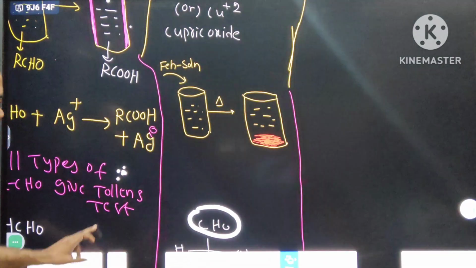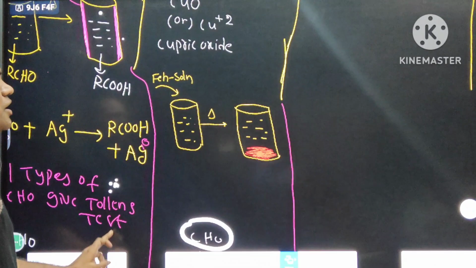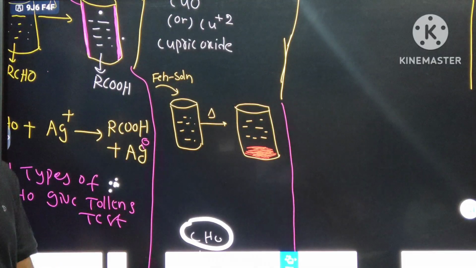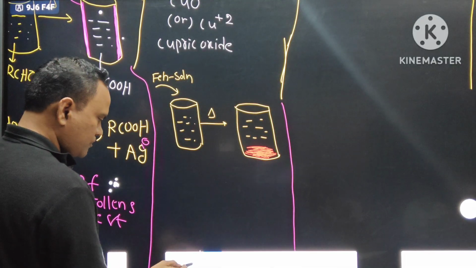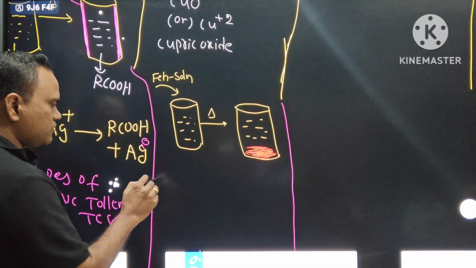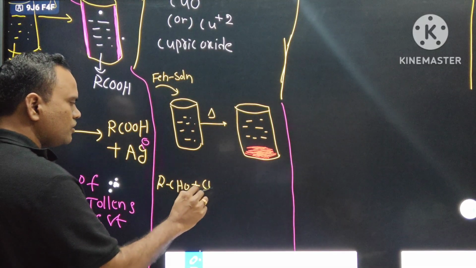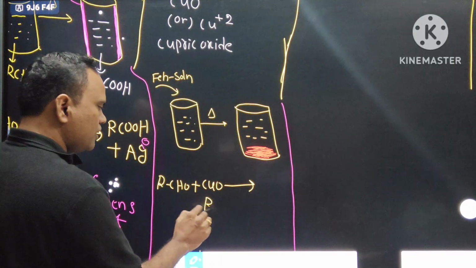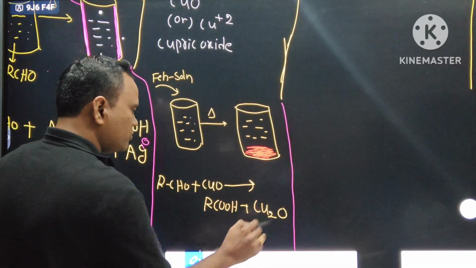Why am I giving the structure? You know what is the formula of this red compound? One question came: what is the formula of that red compound? Now I am writing the reaction: RCHO plus CuO gives RCOOH and Cu2O.